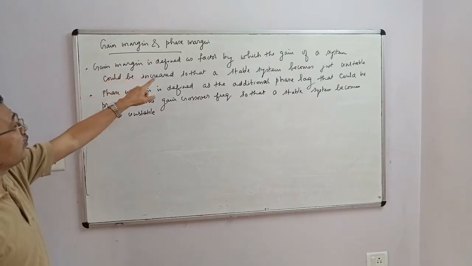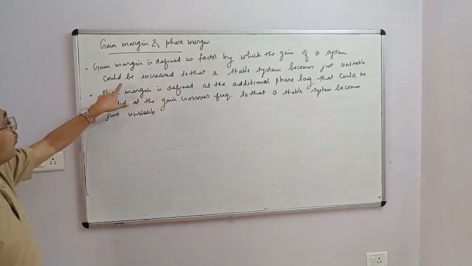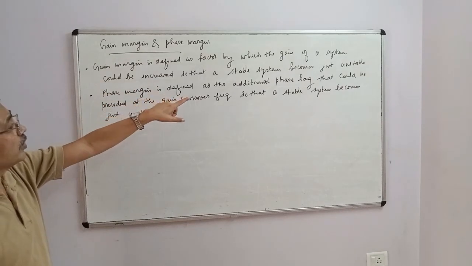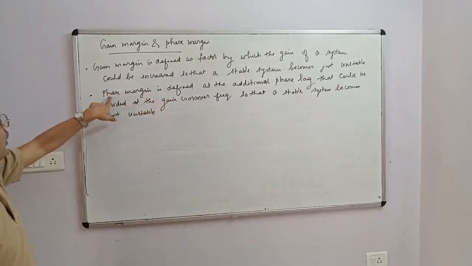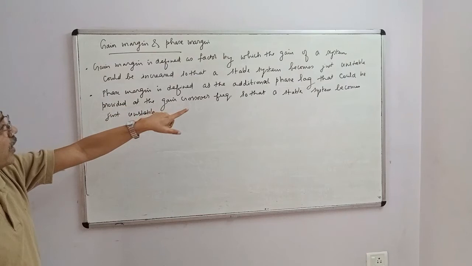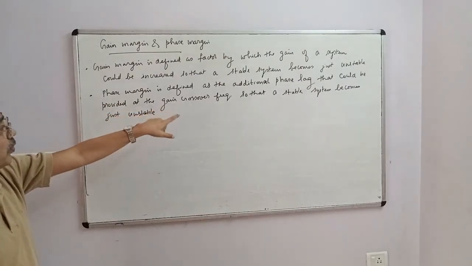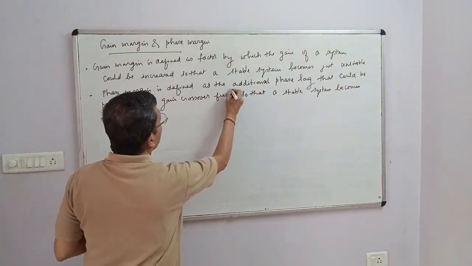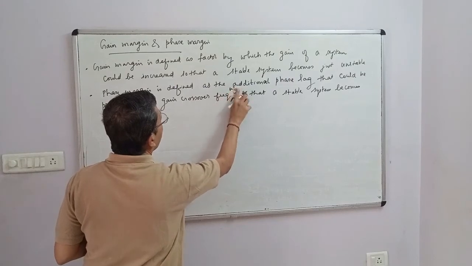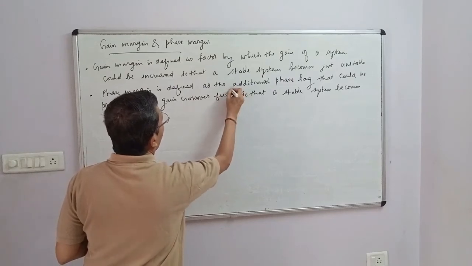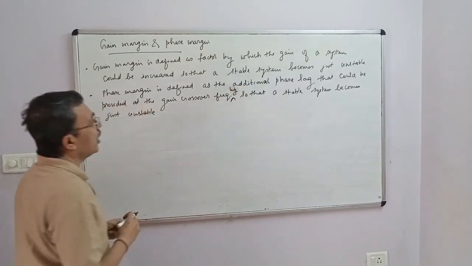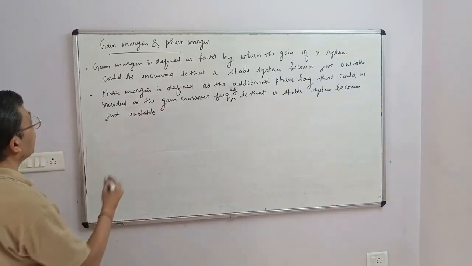Gain margin is defined as the factor by which the gain of a system could be increased so that a stable system becomes just unstable. Phase margin is defined as the additional phase lag that could be provided at the gain crossover frequency omega g, so that a stable system becomes just unstable.